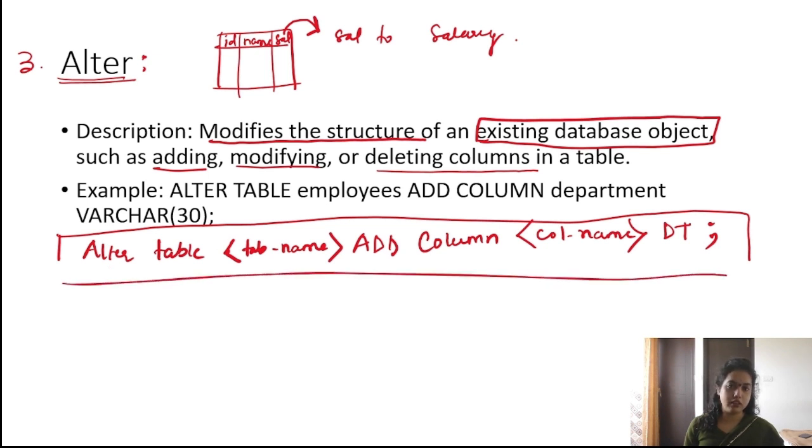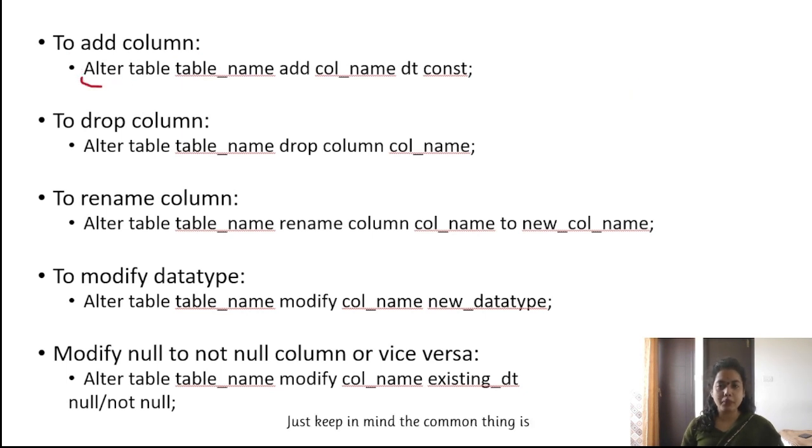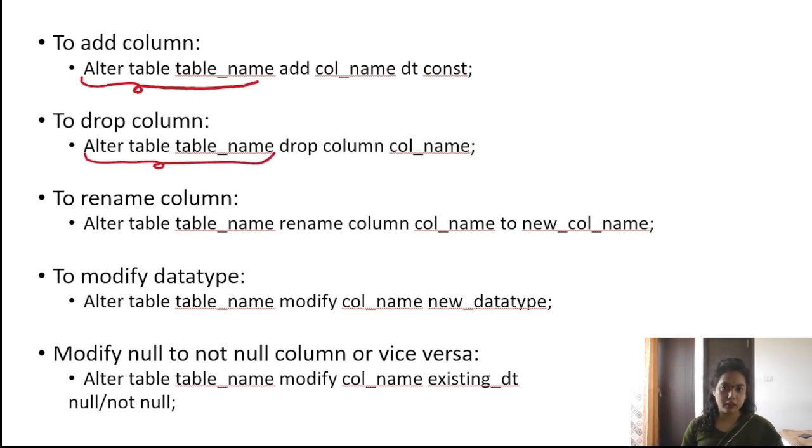of alter. So when I explain alter, there are many things we can do in alter, right? Whenever you want to add a column, just keep in mind the common thing is alter table name. This is common in your alter syntax, right? This thing is always common.